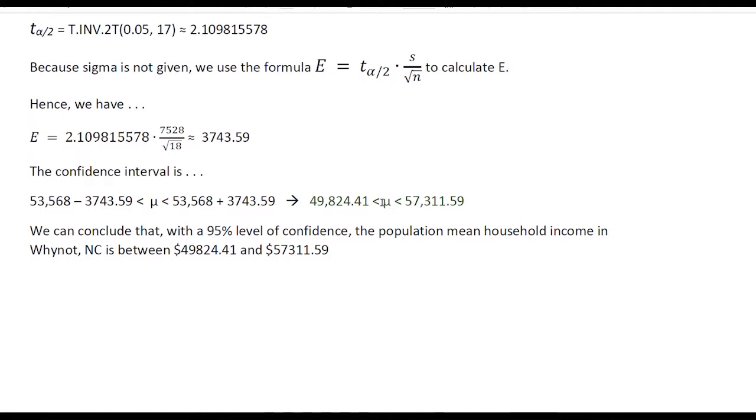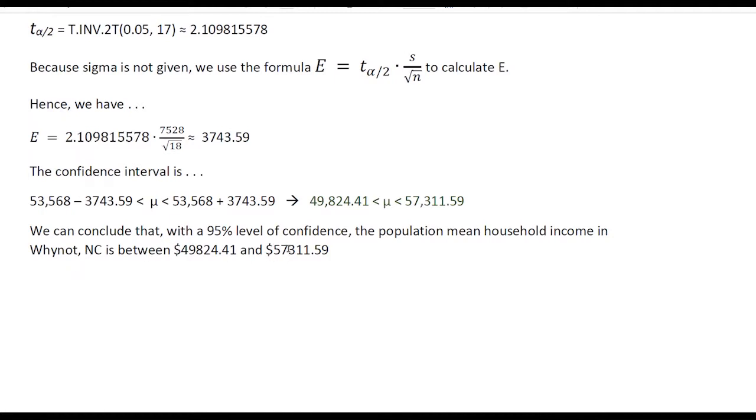We can be 95% confident that it falls between $49,824.41 and $57,311.59. And here is the conclusion. We can conclude that with a 95% level of confidence, the population mean household income in Wynot, North Carolina, is between these two numbers.